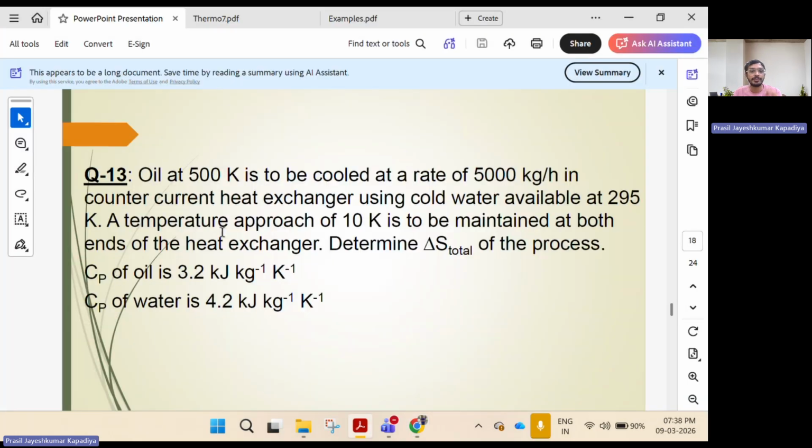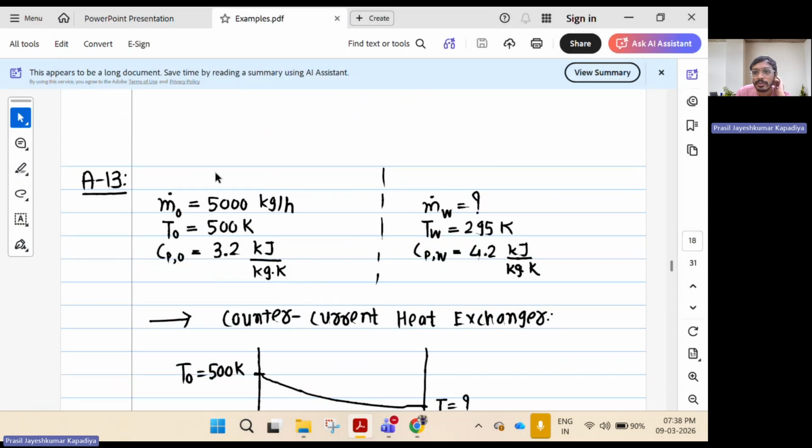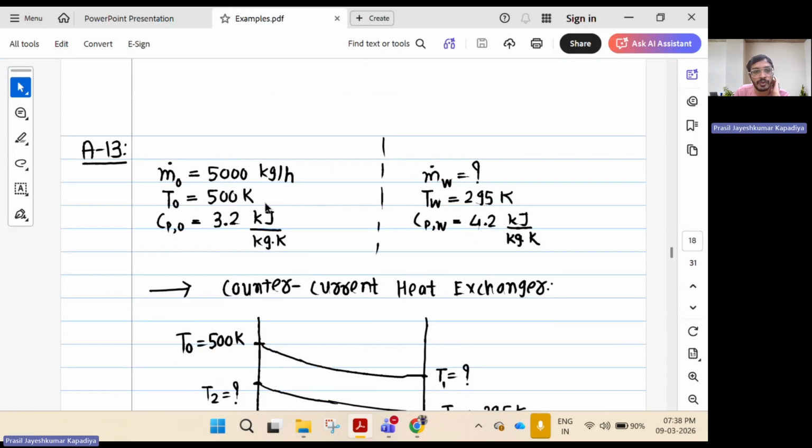So what are we given? Let's first try to gather the data. I am given the mass flow rate of oil, that is 5000 kg per hour, temperature of oil as 500 Kelvin, and Cp of oil as 3.2 kilojoules per kg Kelvin.